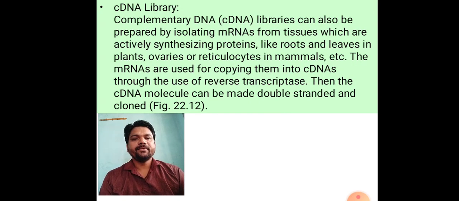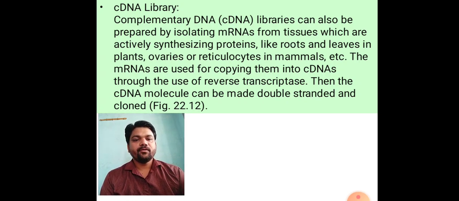Then cDNA library, also called complementary DNA library, can be prepared by isolating mRNAs from tissues which are actively synthesizing proteins, like roots and leaves in plants, ovaries or reticulocytes in mammals, etc. The mRNAs are used for copying them into complementary DNAs through the use of reverse transcriptase enzyme.